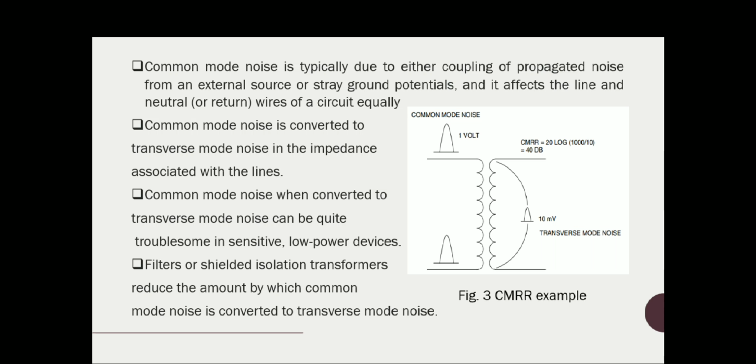Common mode noise is typically due to either coupling of propagated noise from an external source or a ground potential, and it affects the line and neutral wires of the circuit equally. And you can see transverse mode is in between two lines.